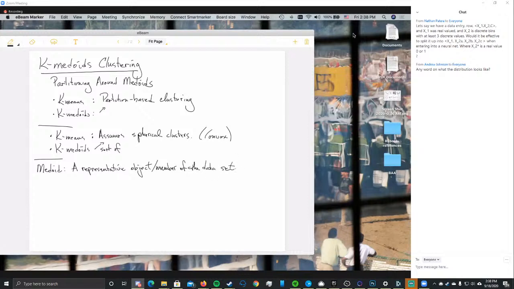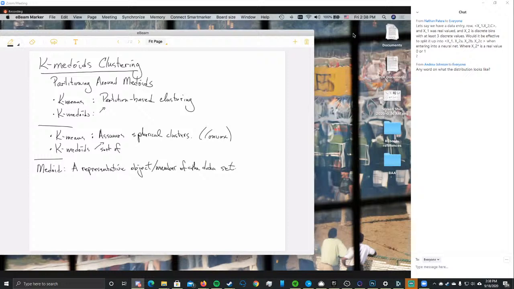So right off the bat, the primary difference between these two methods is that instead of calculating centroids for our clusters, we are going to be clustering by focusing on actual data points in the data set itself and do our partitioning based on those.